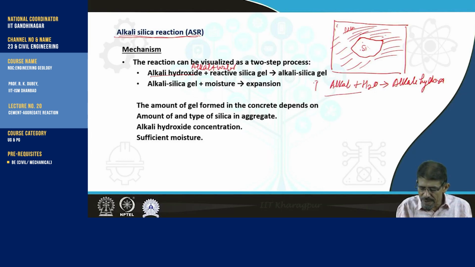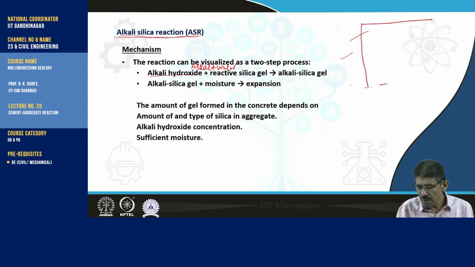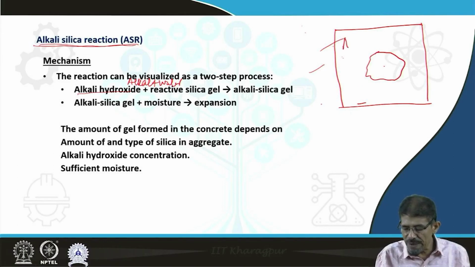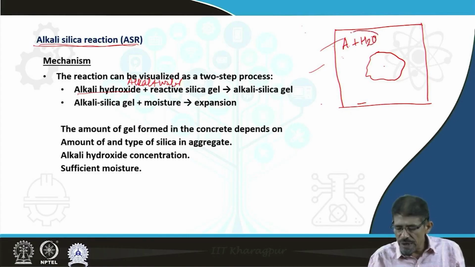In the very initial stage, if we divide it into different steps, here I try to take this cartoon for help. This is aggregate, and alkali A present in cement. This A is going to interact with the H2O present in the paste. This A plus H2O is going to produce A hydroxide.